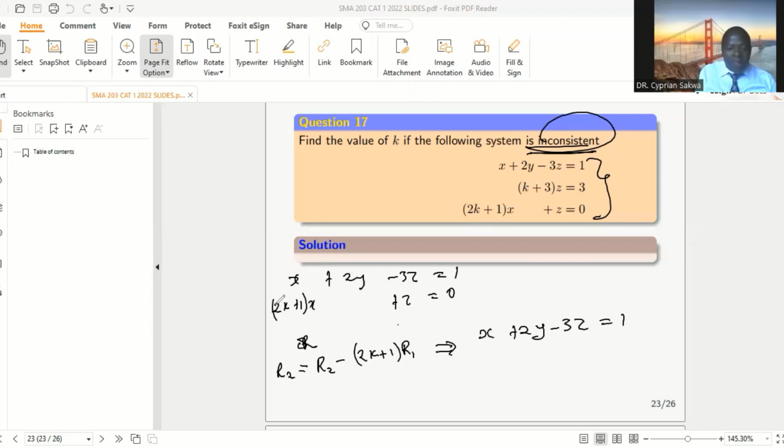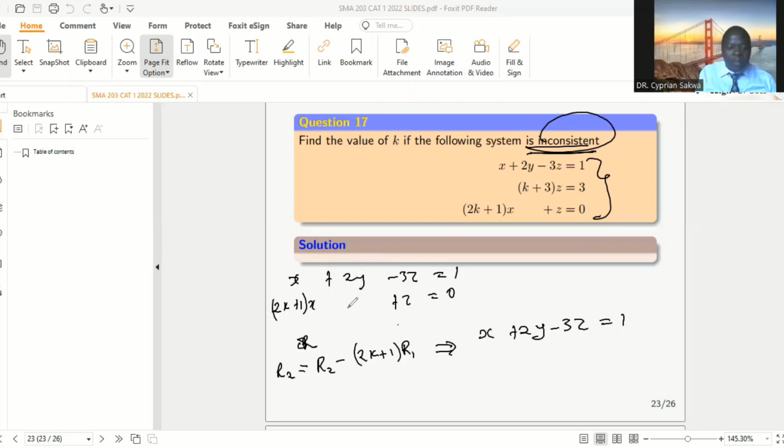If I multiply the x by 2k plus 1 and subtract from row 2, I will have a 0 at this point. What about here? Multiply this by 2k plus 1.